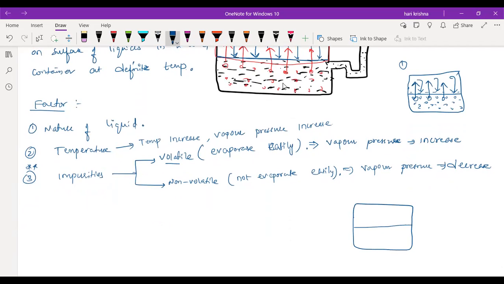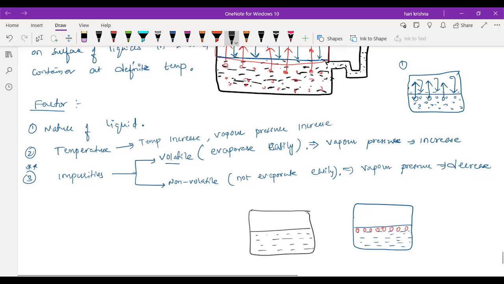See here, this is actually a liquid. In this liquid, we have some non-volatile particles like this. The same diagram we'll take with one more here. So this is a liquid with no non-volatile particles.